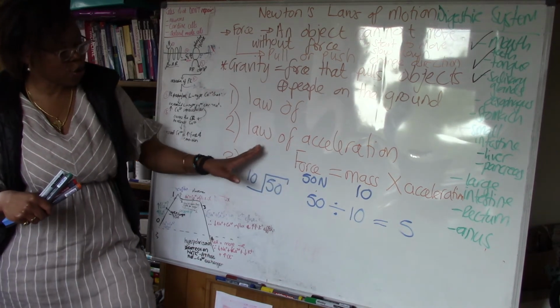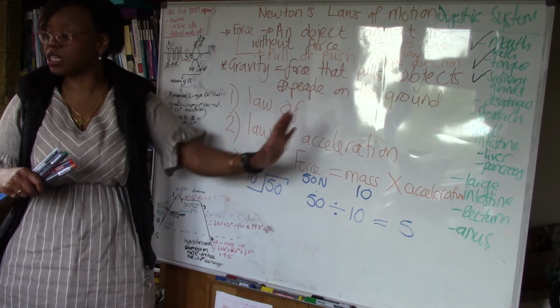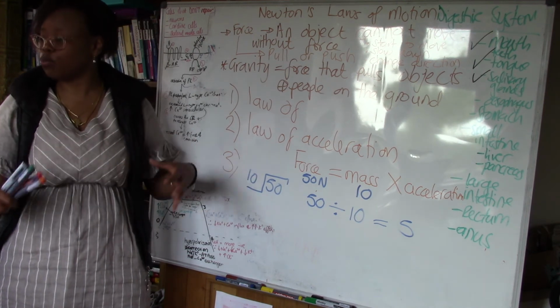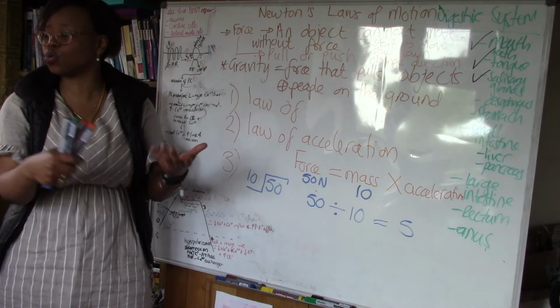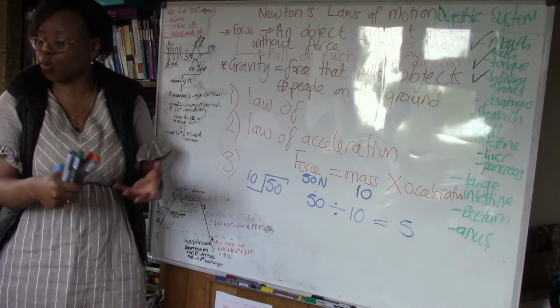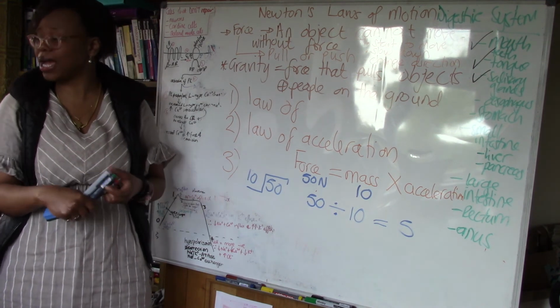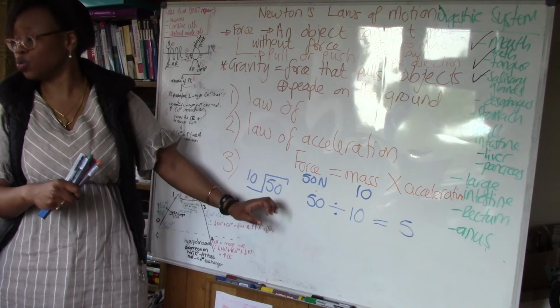But for you, I need you to be thinking about that. What we're usually thinking about in Newton's second law is getting things moving. How much force do we need? How much do objects weigh, and how can we get them to move quicker? And then Newton's third law of motion, we talked about it.